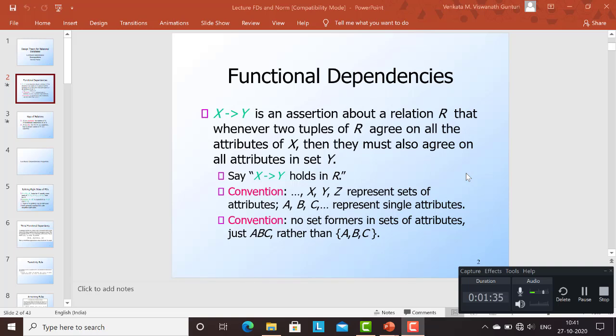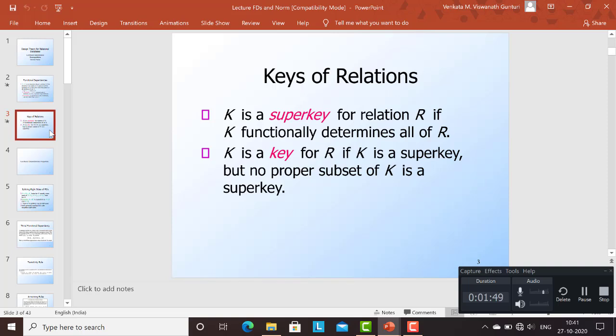These are the kind of examples about functional dependencies. You can derive a lot more. We'll also see some examples here. Okay, so that's the definition of functional dependency, right?